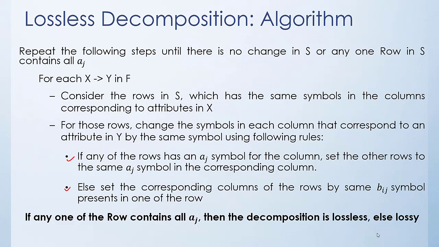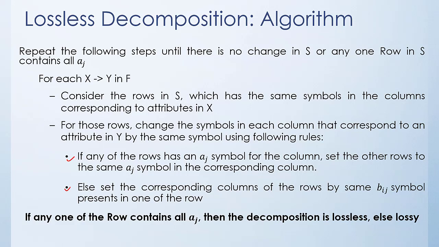For those kinds of problems, we are going to rerun the following steps which you can see on the screen, and this process will continue for each and every functional dependency until there is no change in S for the set of functional dependencies, or we are able to get all AJ in any one of the rows of the S matrix.